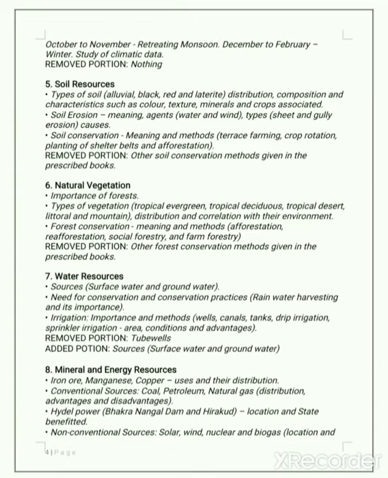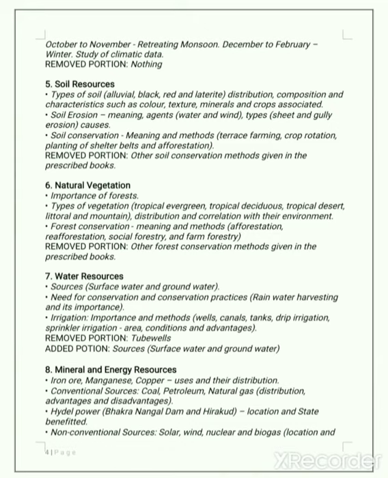Next is mineral and energy resources. Here you are supposed to do the uses and the distribution of iron ore, manganese and copper. Okay, you should also know the distribution and advantages and disadvantages of these three conventional sources of energy. They are coal, petroleum and natural gas.